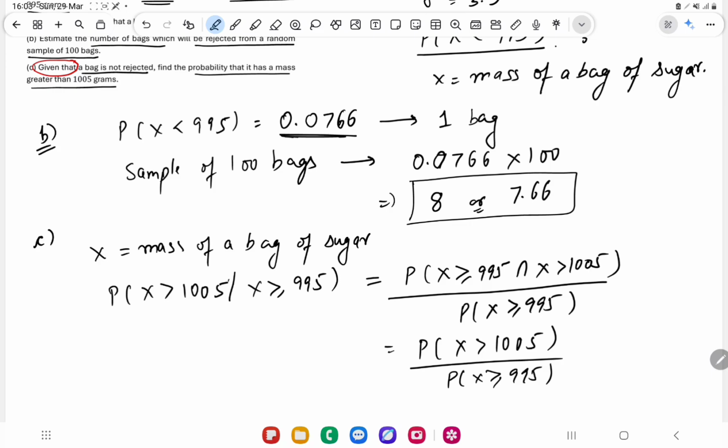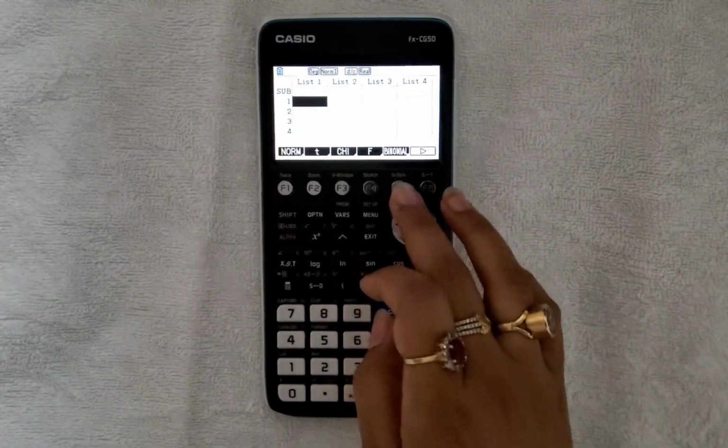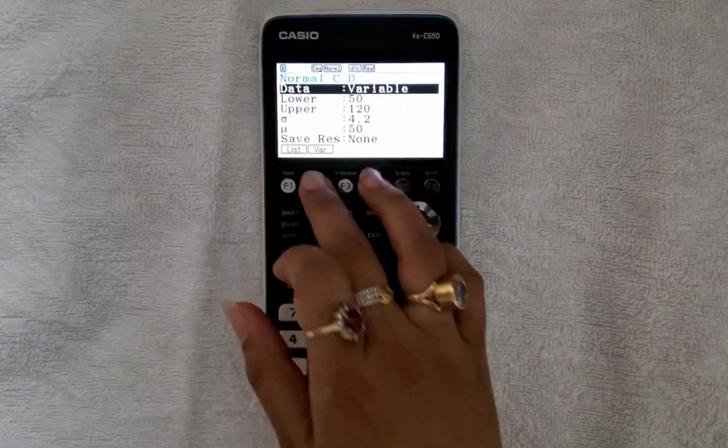Now in the A part we calculated for X less than 995. So for the denominator, if I subtract my A part answer from 1, I'll get my denominator. Let's see how to get this using GDC. We'll press statistics, go in distributions, normal, NCD.